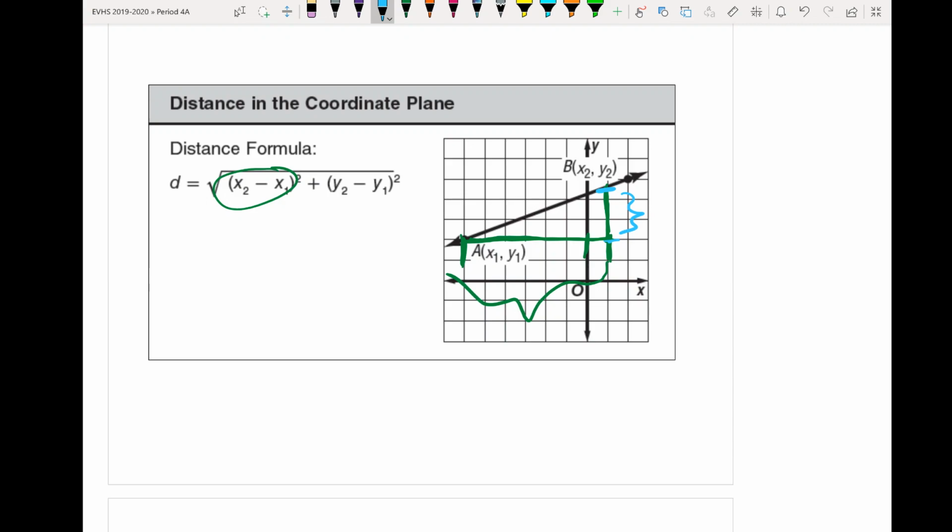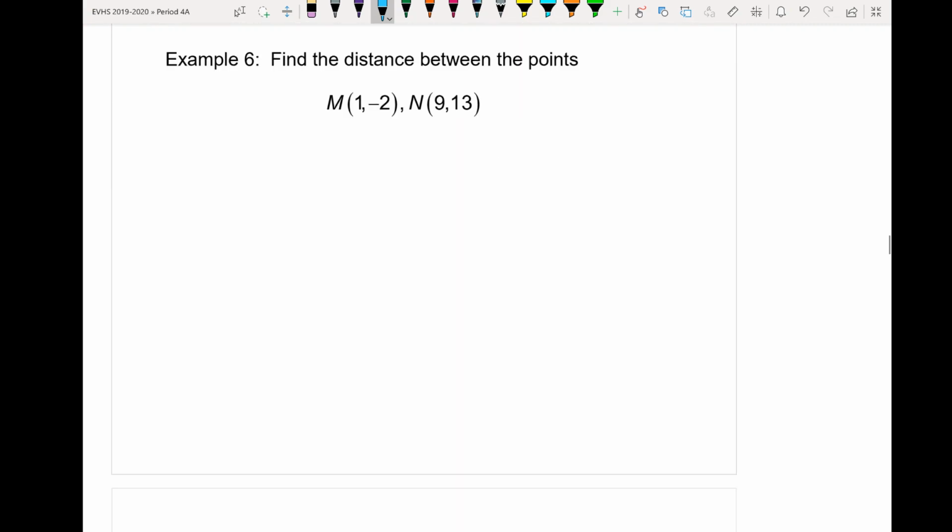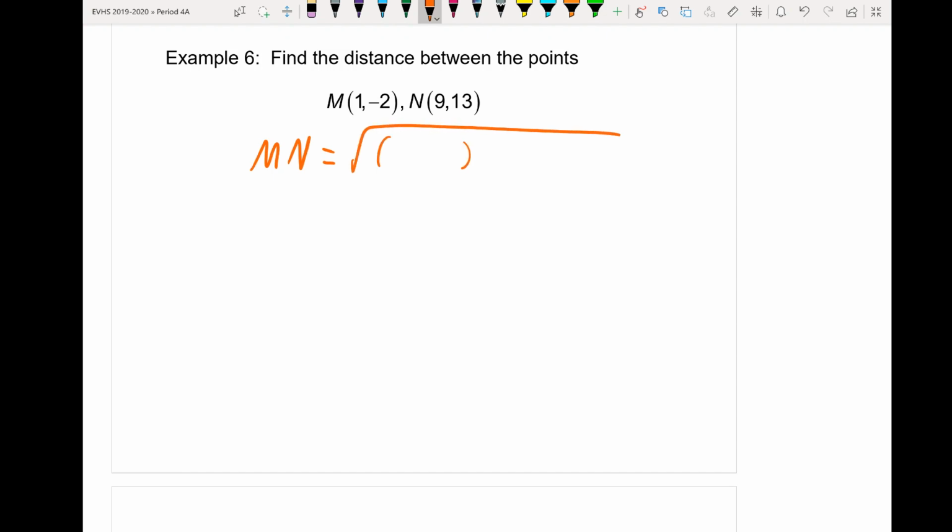Okay? So, here we go. Find the distance between the 2 points. So, MN, the distance between M and N, is the square root of... Notice I'm going to get my whole thing set up, scaffold the whole problem, so whenever I plug it in, I make fewer mistakes.